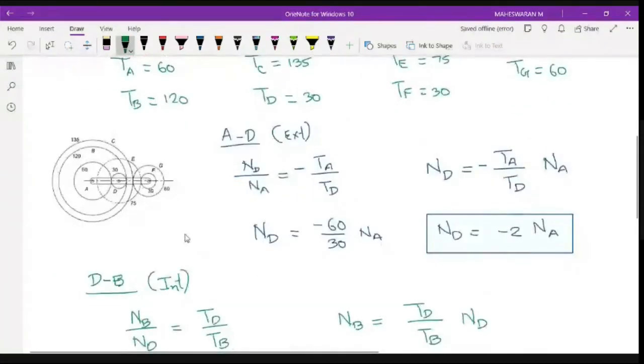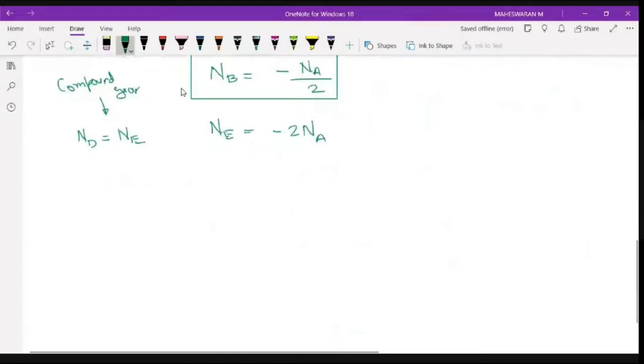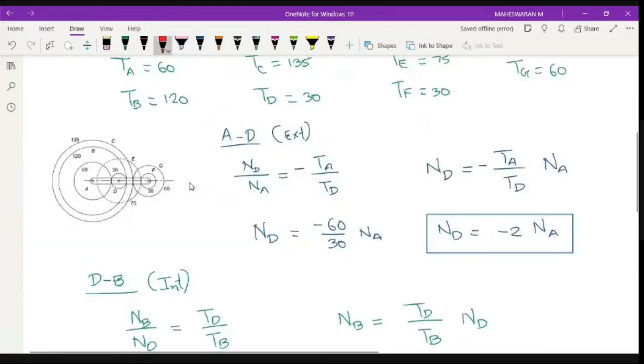Now we start with E. E is connected to F, so that is the next step. How are E and F connected, external or internal? It's an external connection.